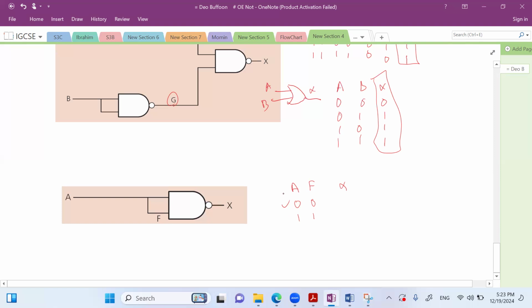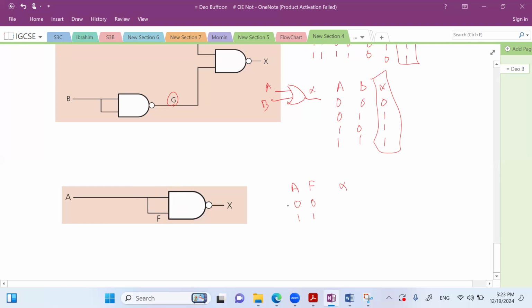So if you're sending 0 or 1, the F is obviously split with whatever value you are sending, 0 or 1. So that's why I've written it again, 0 and 1.